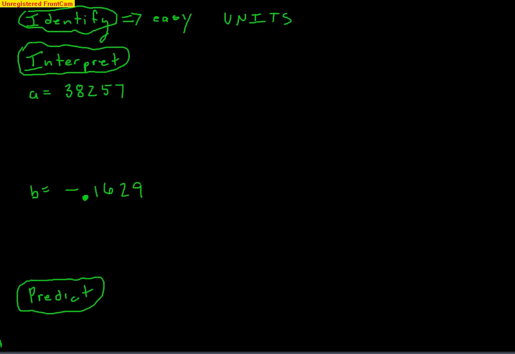Now we need to be able to interpret. First off, this a is a predicted y when x is 0. This is a predicted cost when x is 0 miles. Notice I'm using units here, speaking in context of the problem.